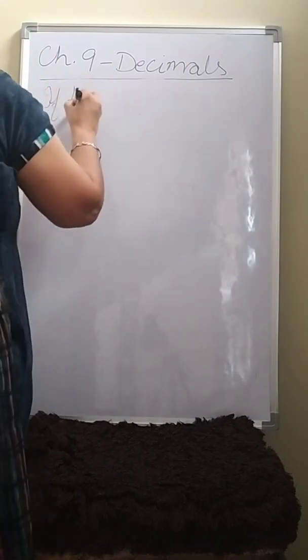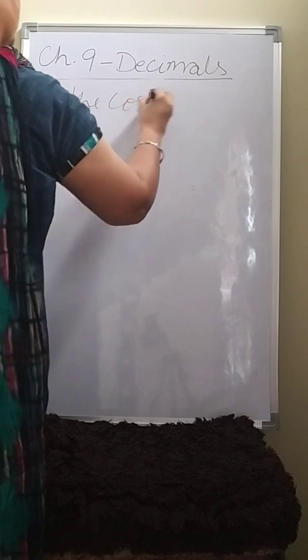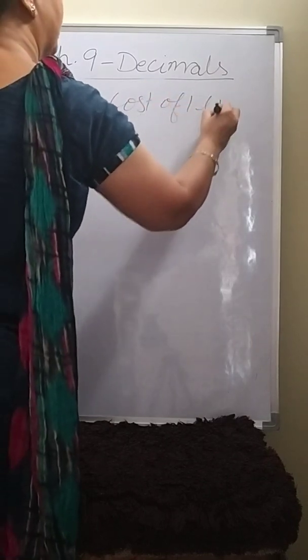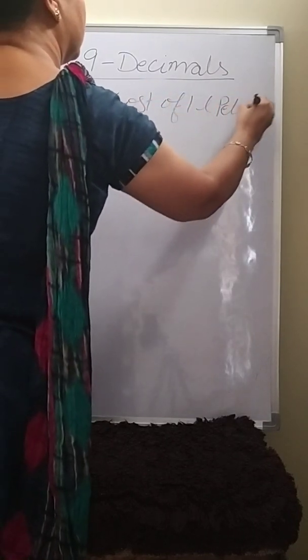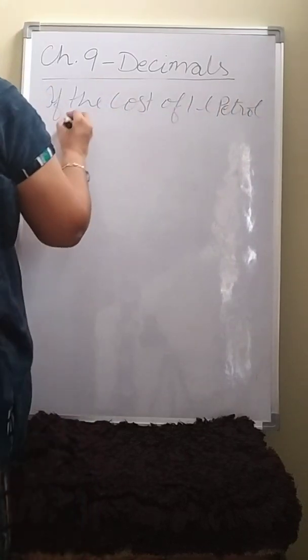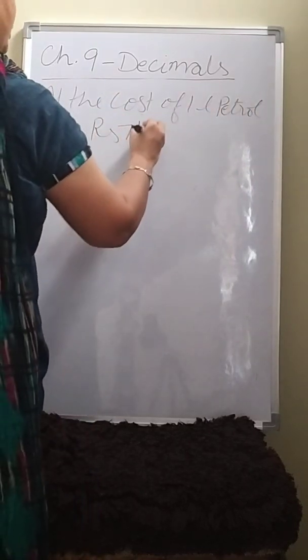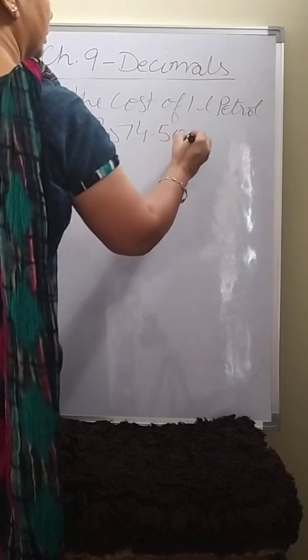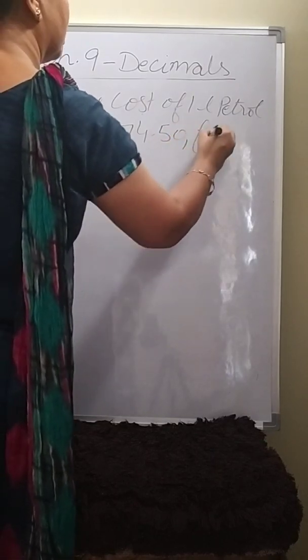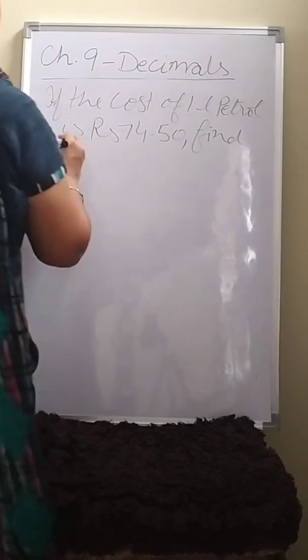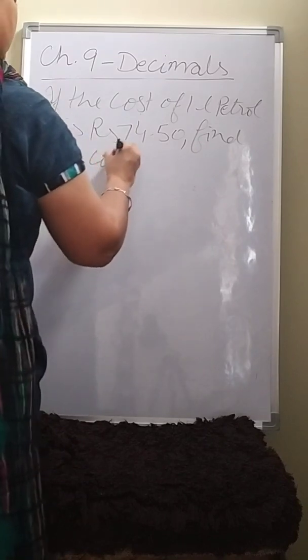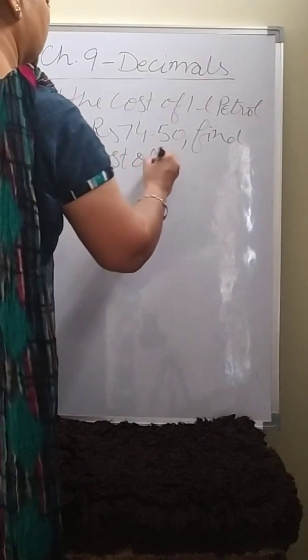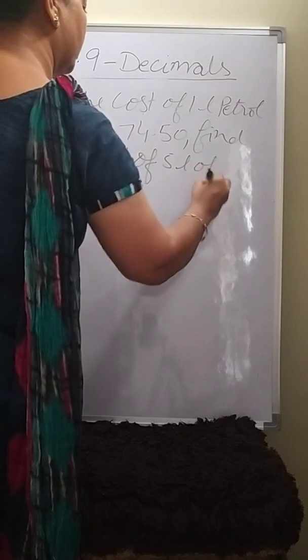If the cost of 1 liter of petrol is rupees 74.50, you have to find the cost of 5 liters of petrol.